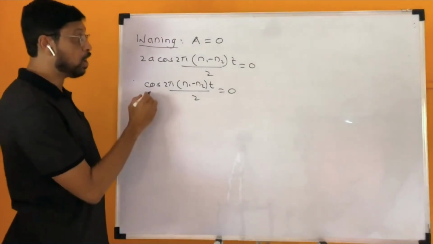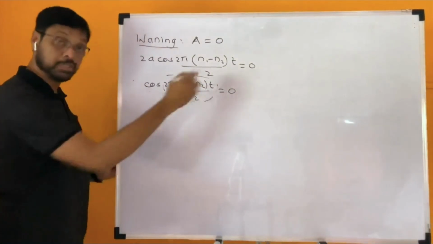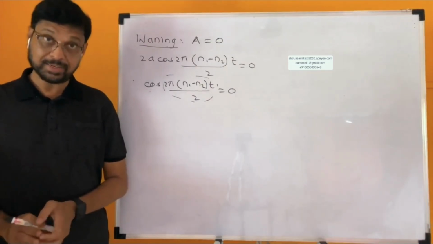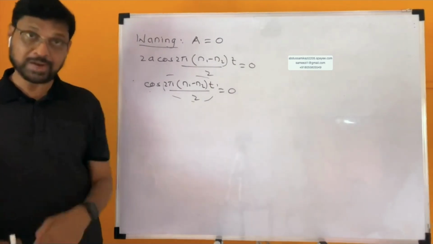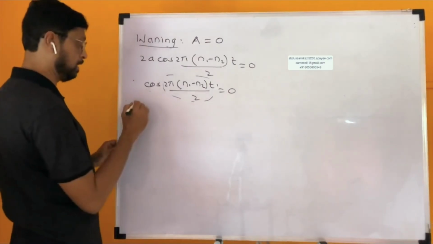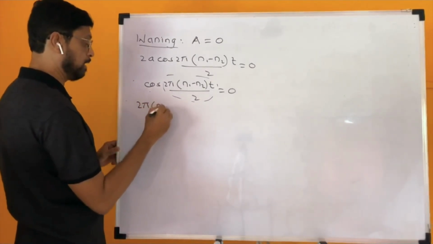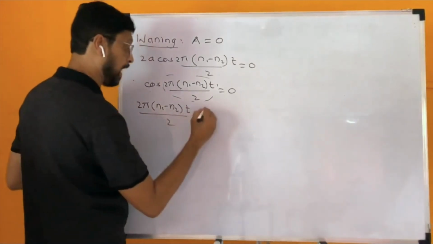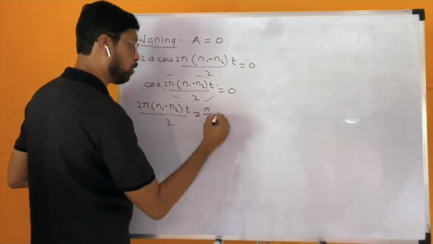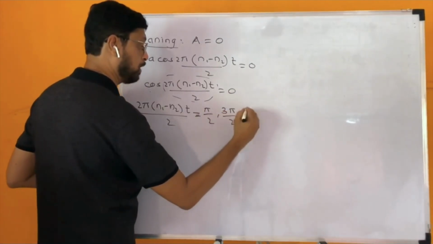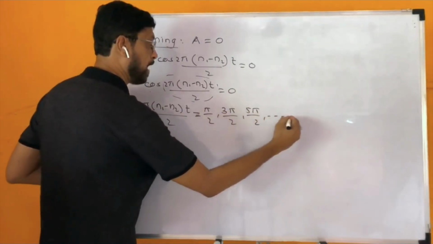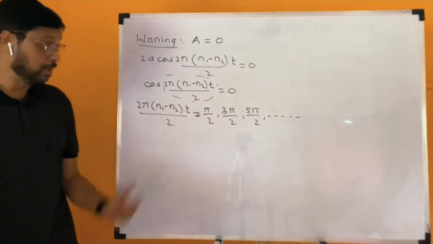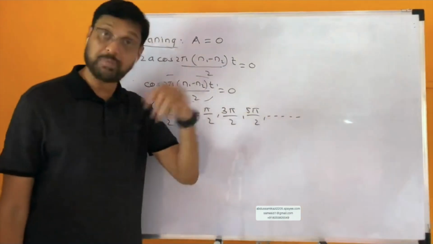Correct? Cos of which angle is 0? किस एंगल का cos 0 होता है? π/2, 90 degree, then 3π/2, 5π/2, so on. Means this angle 2π(n1 - n2)t/2 is either π/2 or 3π/2 or 5π/2 onwards. Means wanings will occur when this angle is π/2, 3π/2, 5π/2 onwards.